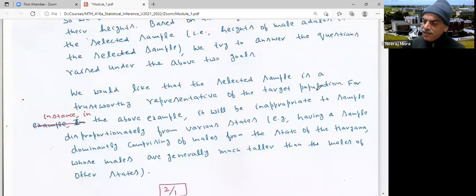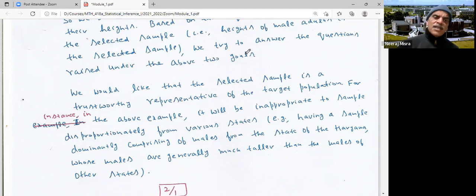For example, in this example of heights, if one gives you only a sample of males from Haryana state, that is a very biased sample. Why? Because it's a well-known fact that males of Haryana state are generally taller in comparison to males in the other states.